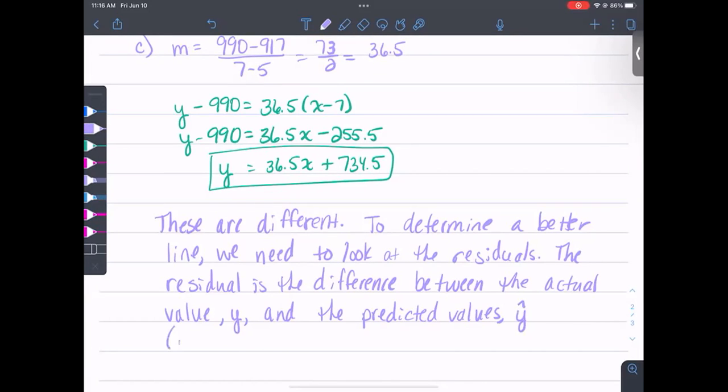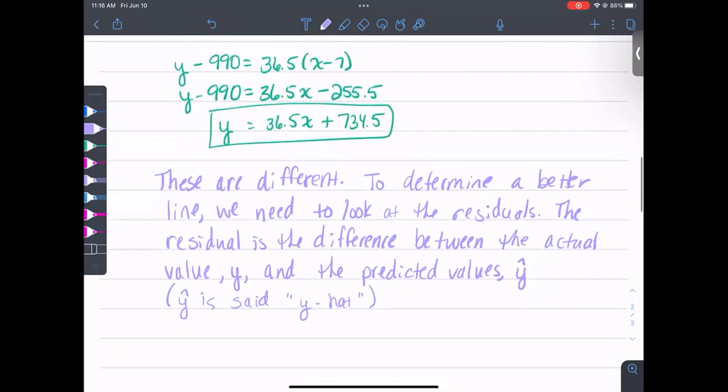Just for reference, that is said y hat, and that's pretty common in business language. If you take a lot of business math classes, you'll talk about y hat frequently. So the residual is the difference between those: y minus y hat is what we will calculate.